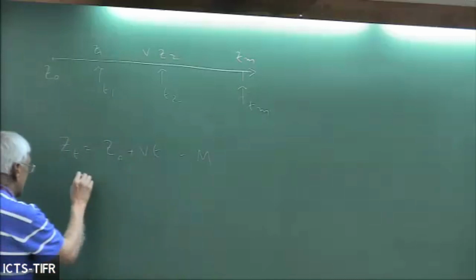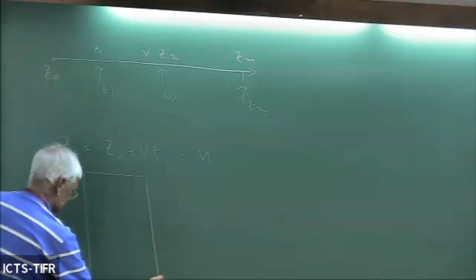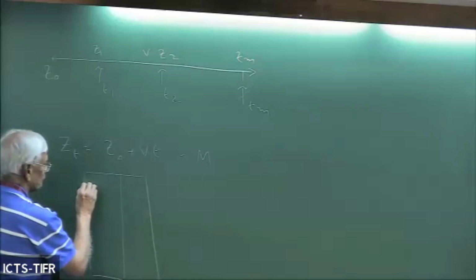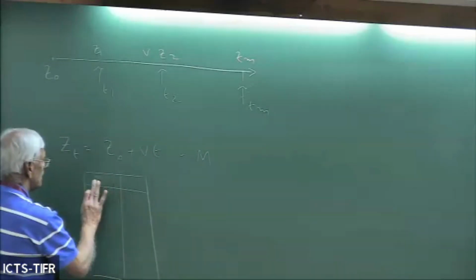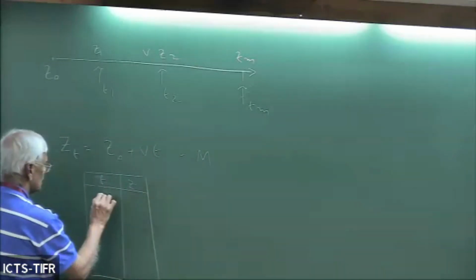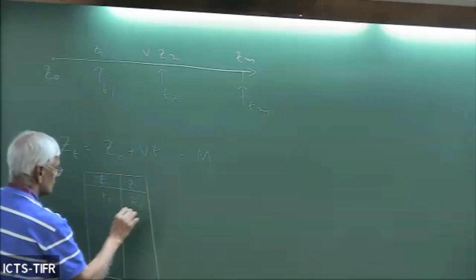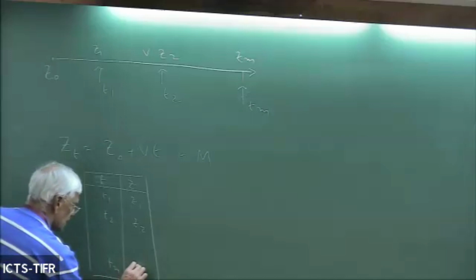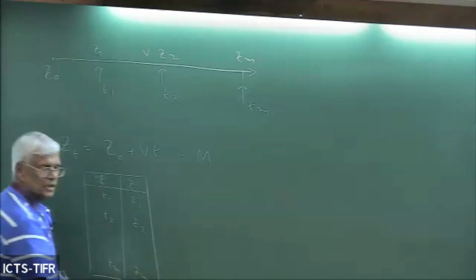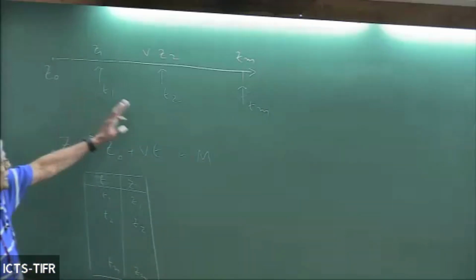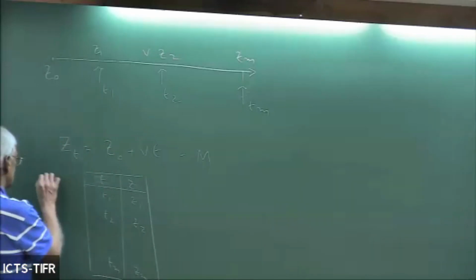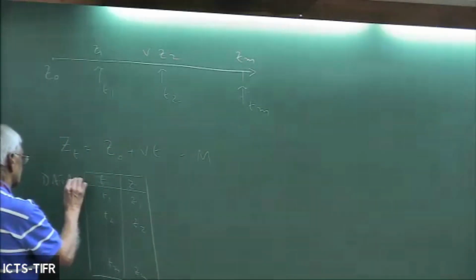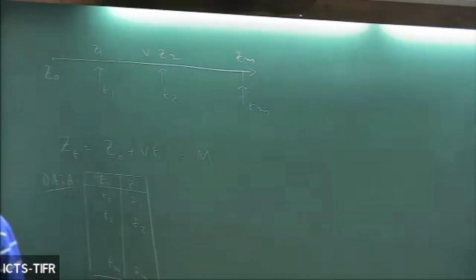So I'm going to have a table of values, data: t1, z1, t2, z2, tm, zm. So I conducted the experiment, I collected the data. Data and observation are used interchangeably.